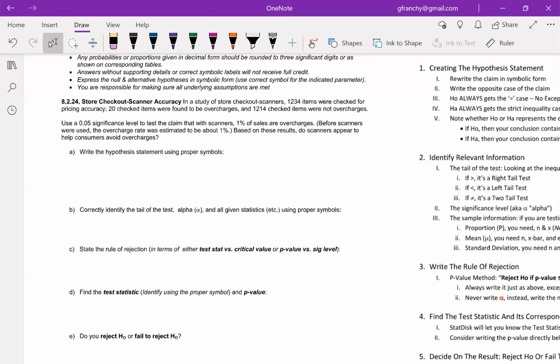And they give us some insight here of where this 1% came from. So before scanners was used, that was the historic rate for overcharges. And then they finish off with, based on these results, do scanners appear to help customers avoid overcharges? So we don't address that question until we fully run through the hypothesis test.